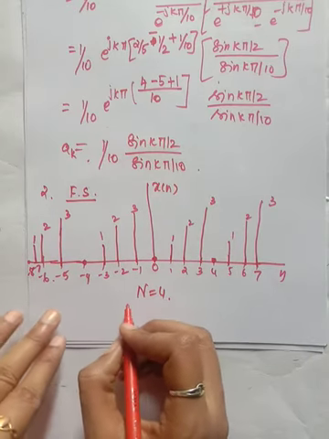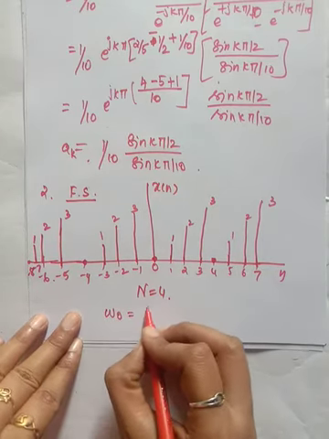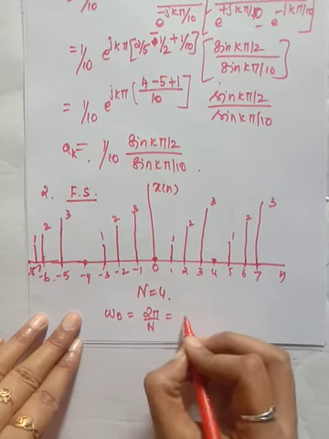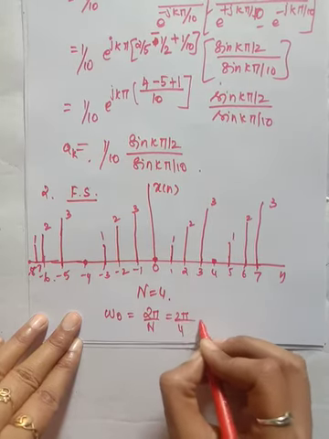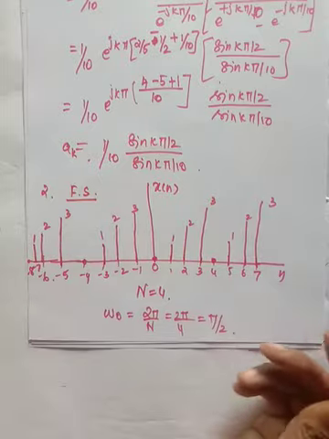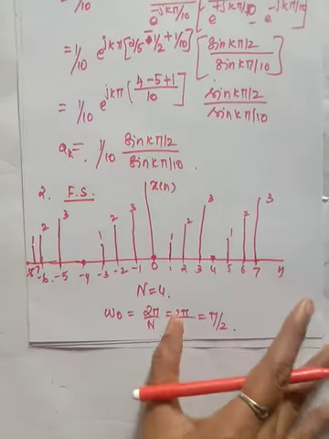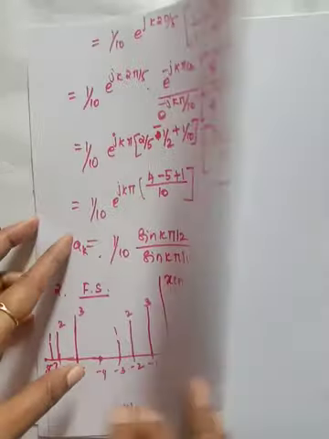Now we need to find omega naught for this case. So 2π/N, which is equal to 2π/4, which is equal to π/2. Okay, now we need to use this analysis equation in order to solve this.